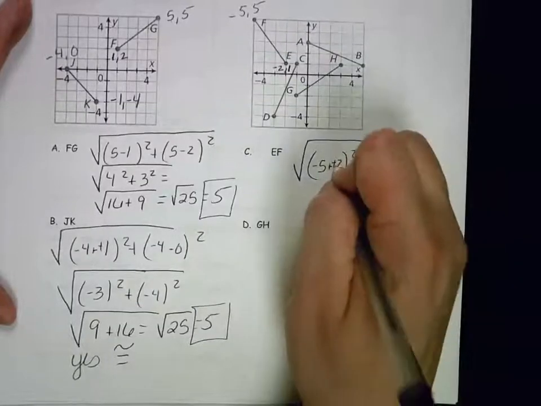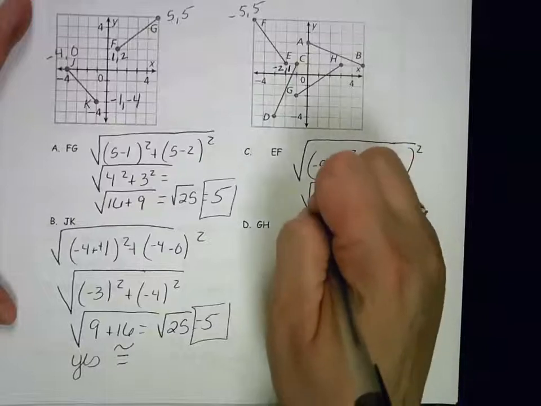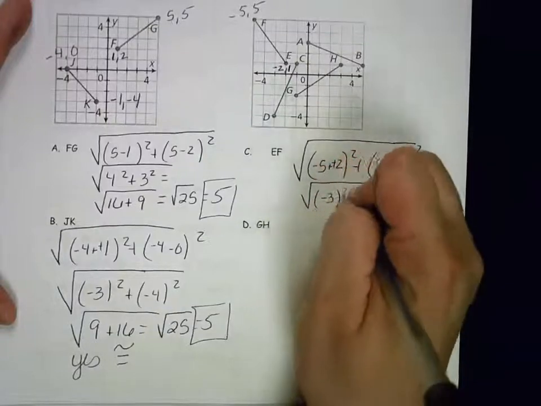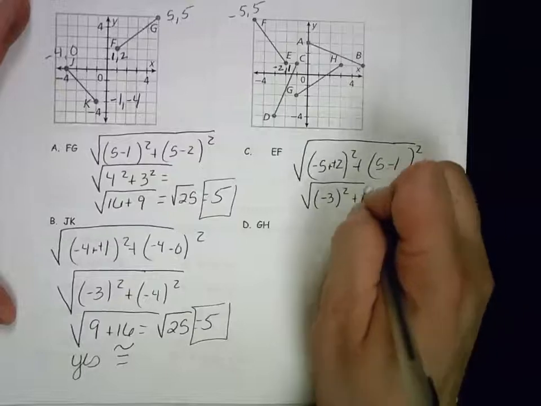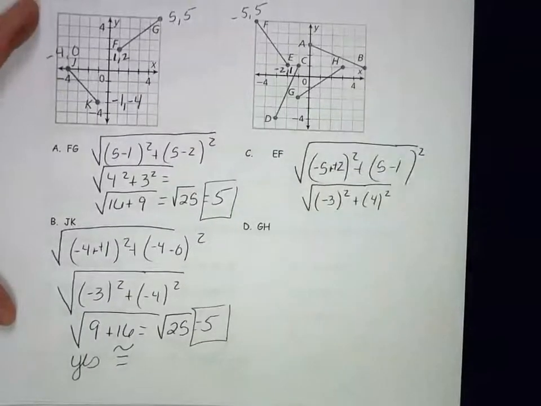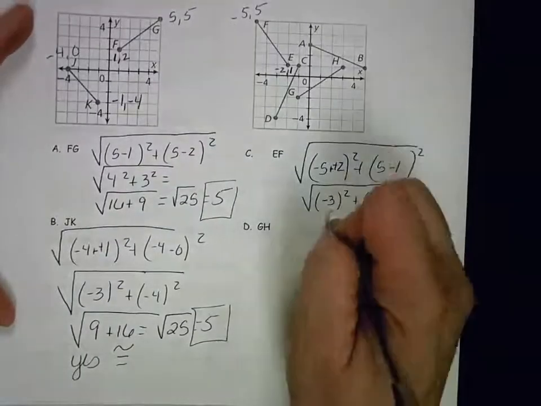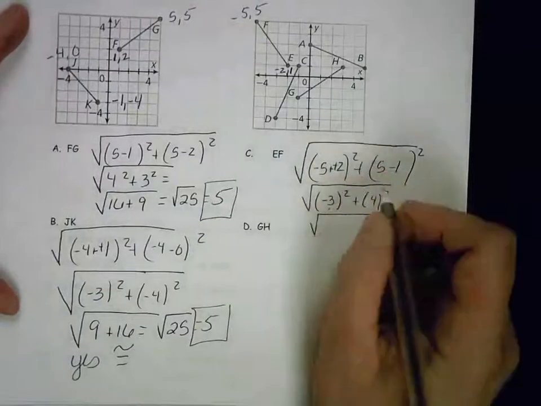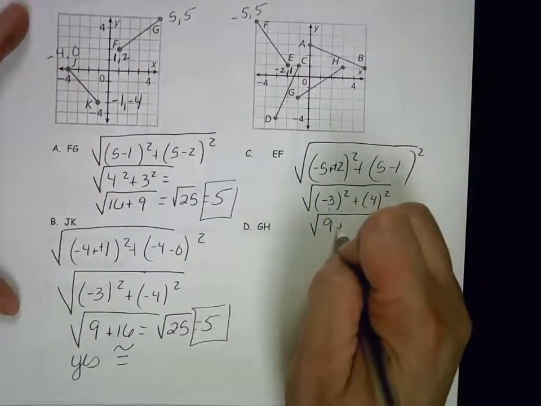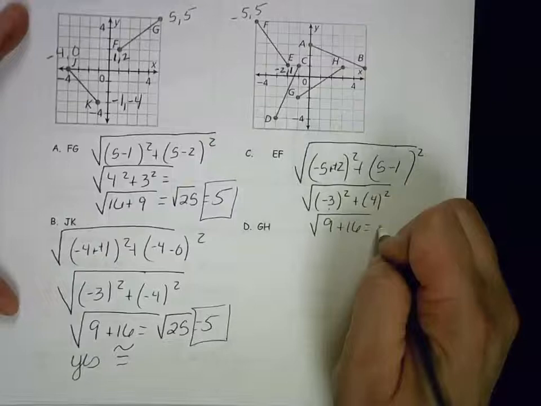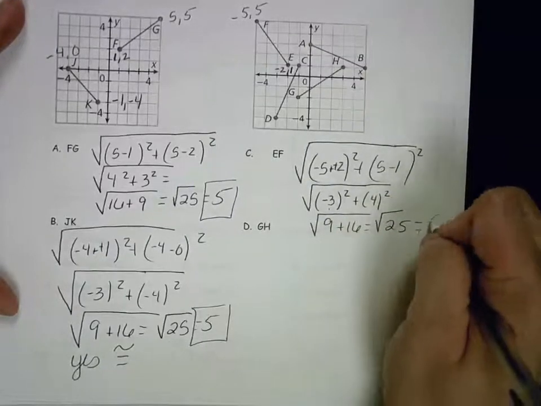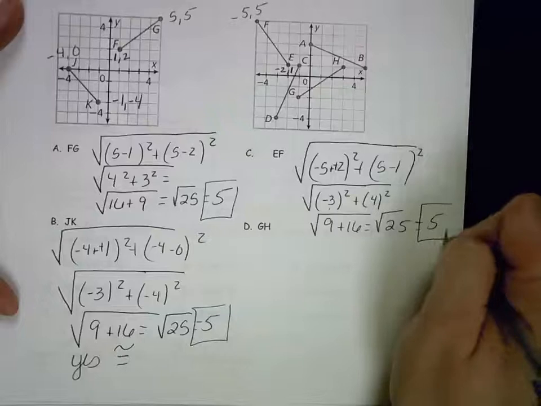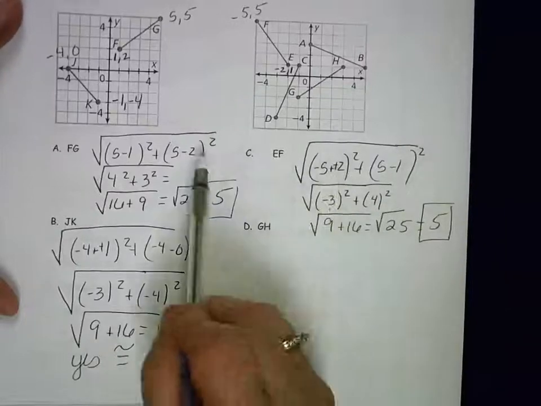Zip zapping that, you have negative 3 squared and 4 squared. Make sure you put parentheses around that. That will be 9 plus 16, which is the square root of 25, which is 5. So that one is also congruent.